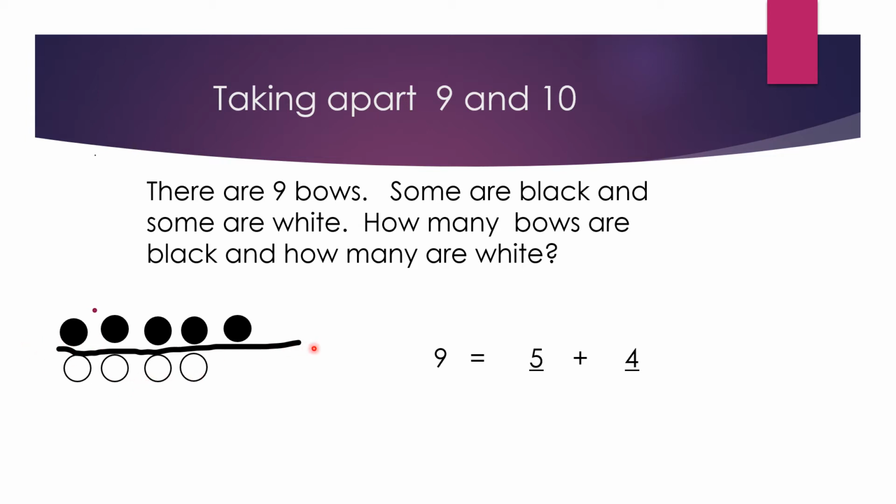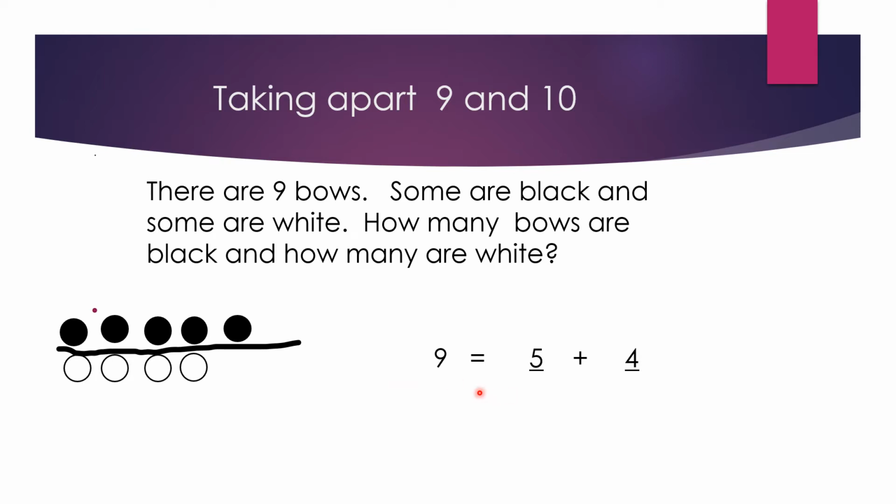I draw a line between my black and my white so that you can see the parts that are making 9. I have a part that has how many black, kindergarten? 5. And how many white, kindergarten? 4. And how many all together? You guessed it, 9.